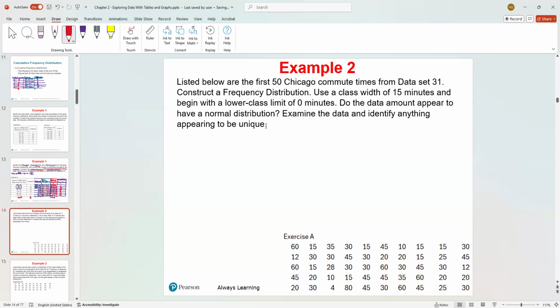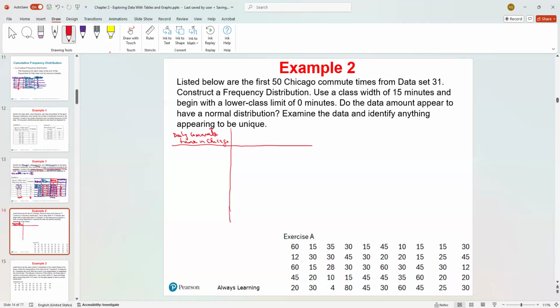We're talking about the 50 daily commute times in Chicago, so that's what we're going to focus on. I'm trying to make the table very simple, because the first step is to construct the table where the first column includes the class intervals.